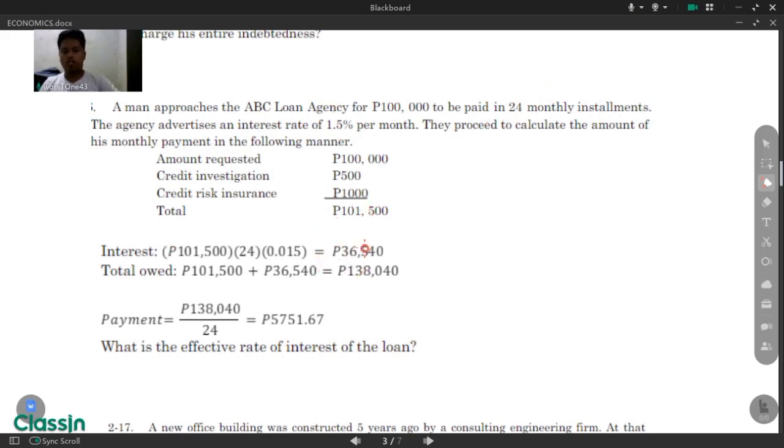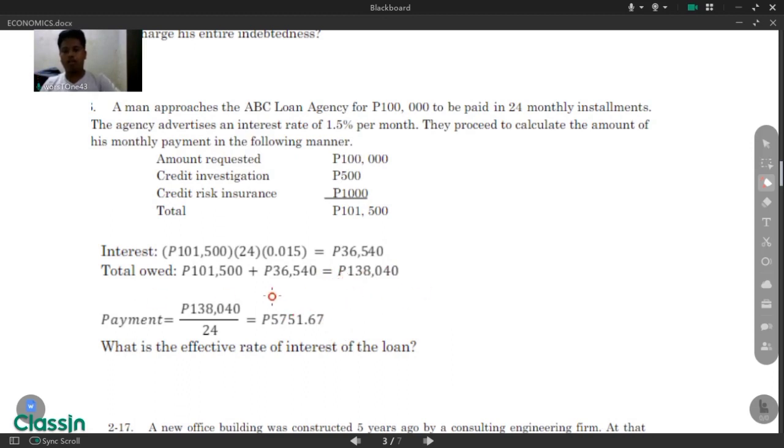This is 36,540 pesos. That is the interest, the amount accumulated after 24 months. And the total owed is 101,500 plus 36,540, so 138,040 is the total amount.